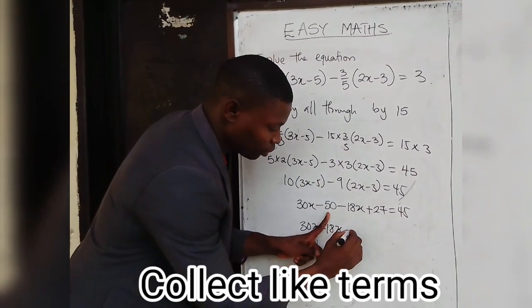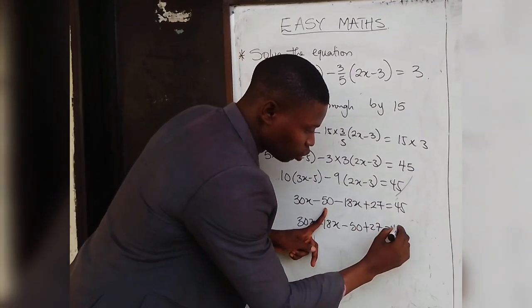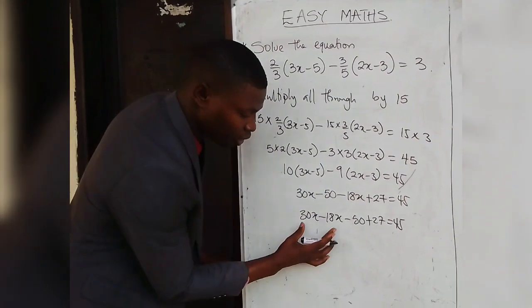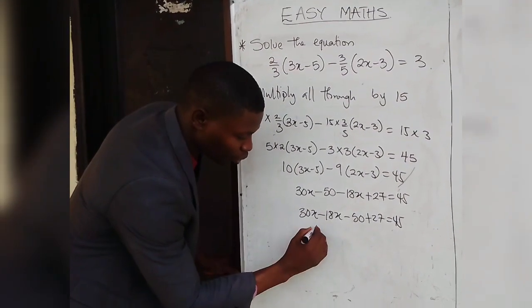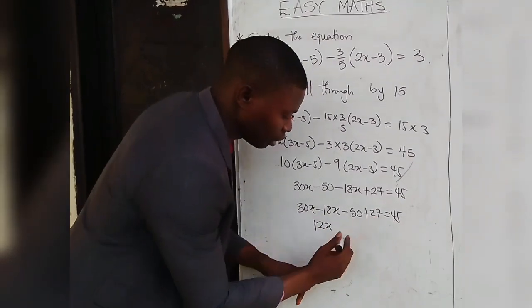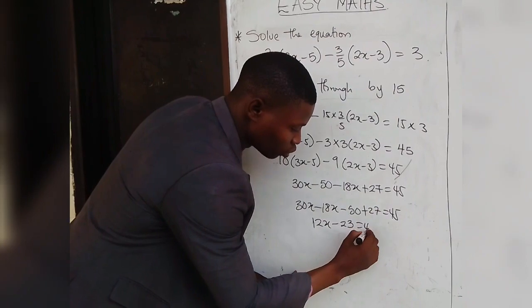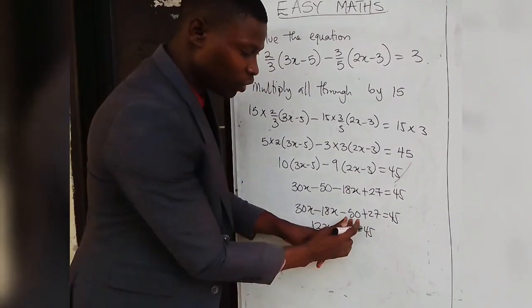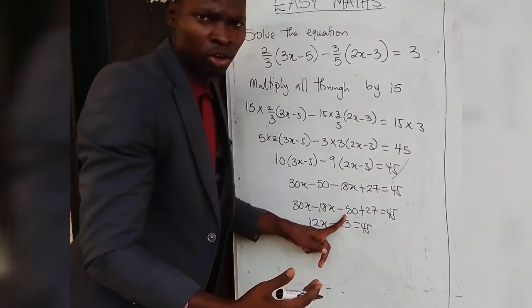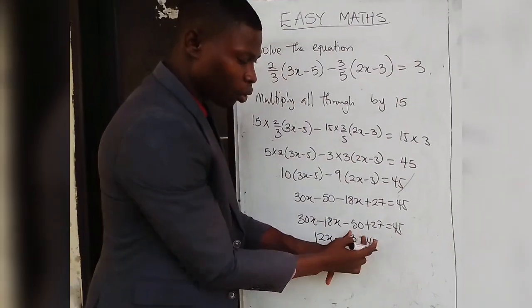Then minus 50 and plus 27 equals 45. The x terms will give us 12x, while the constants will give us minus 23, equals 45. I repeat again, if you don't know how to solve this, directed numbers are your challenge, and you need to learn how to solve directed numbers before this can happen.